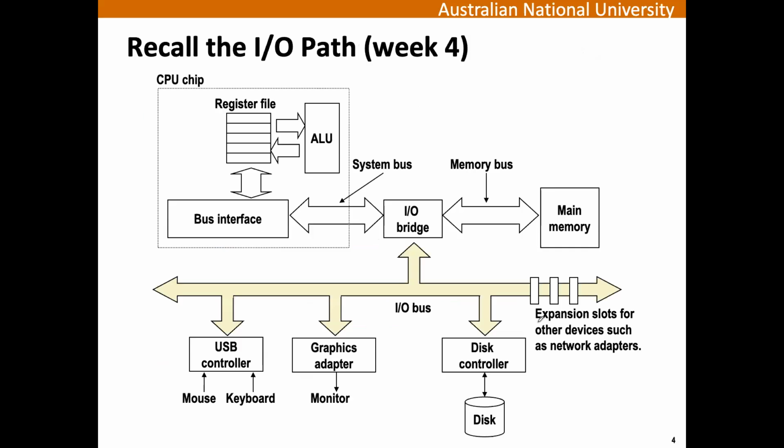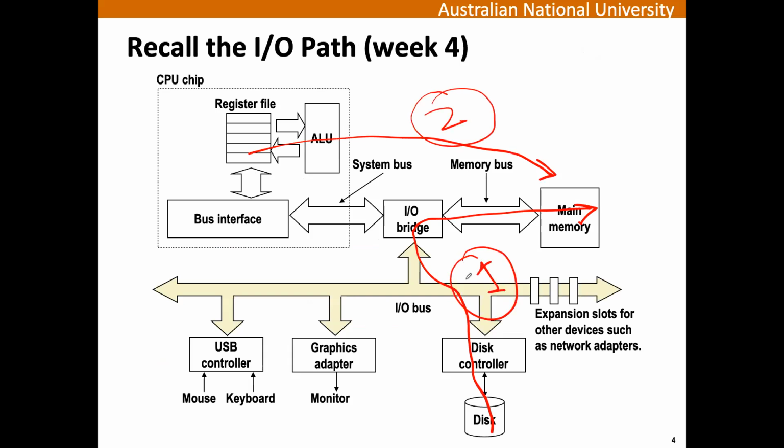So if you recall the architecture, the transfers from disk to memory happen in this path, and then the CPU can access whatever is brought into memory. The CPU does not have direct access to IO devices, to whatever is present on a disk drive or a solid state drive.